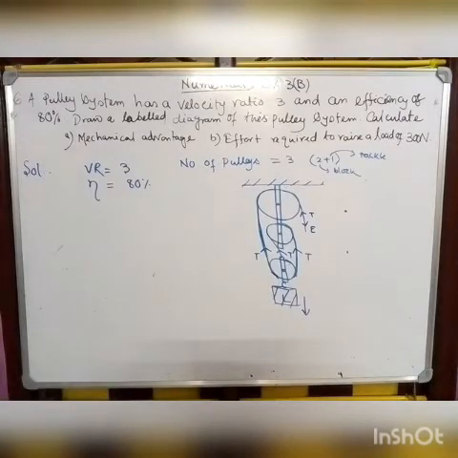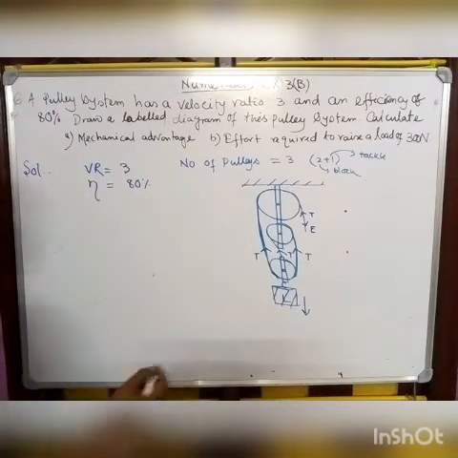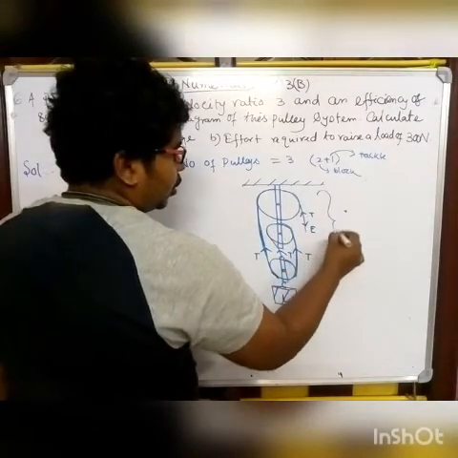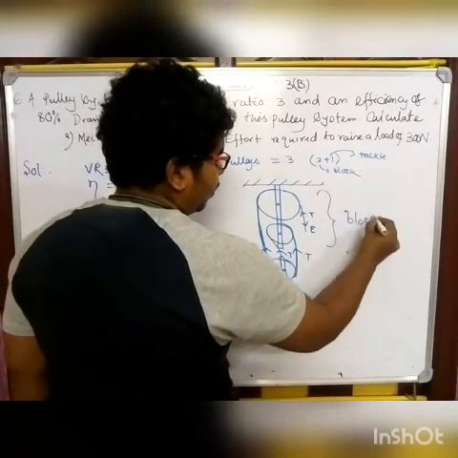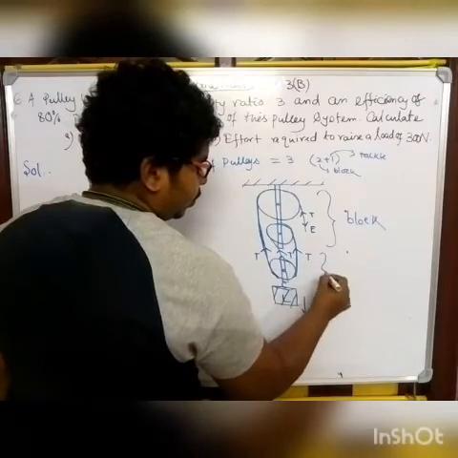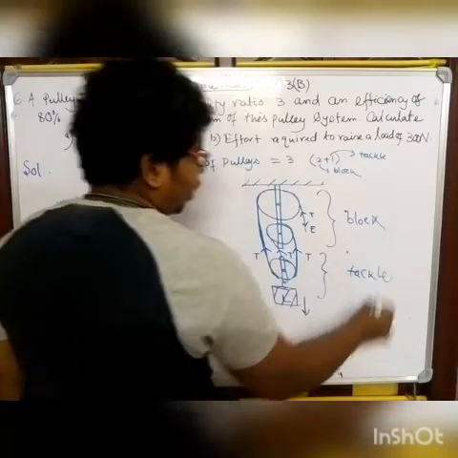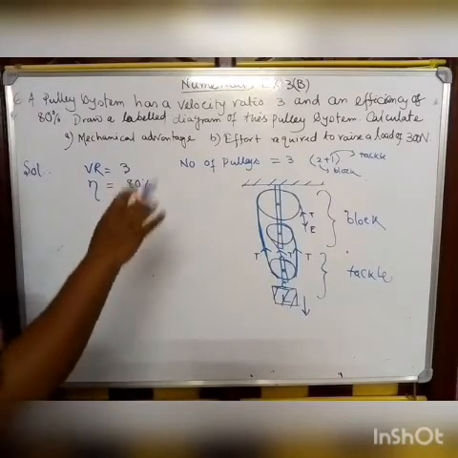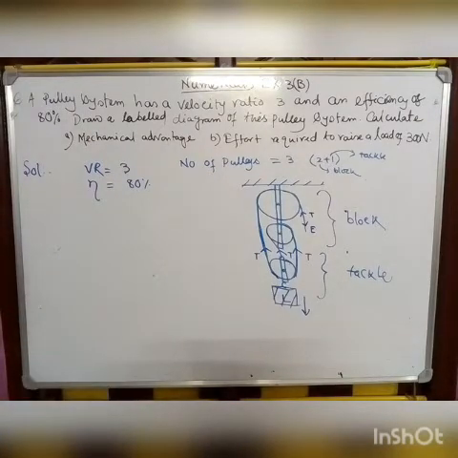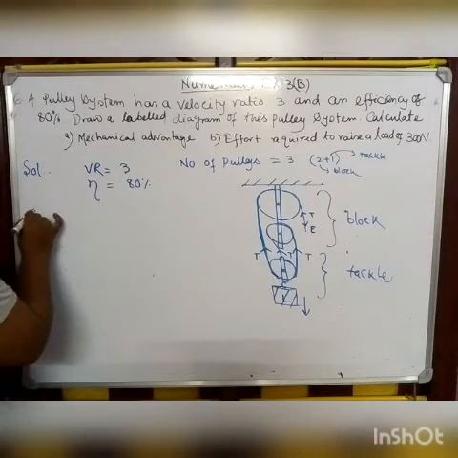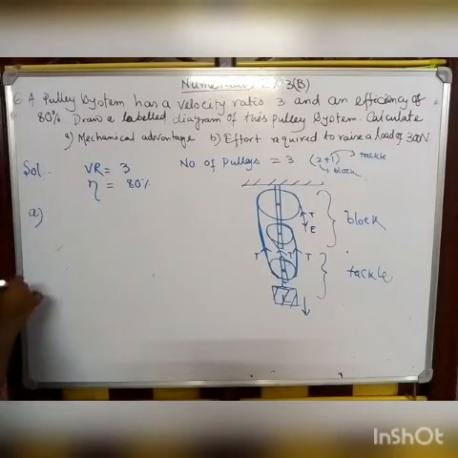So this is the level diagram of a pulley system, where we have to mention this portion is the block, and this one is the tackle. As it is not told to show any calculation, we don't need to show. First question A, we have to find the mechanical advantage.